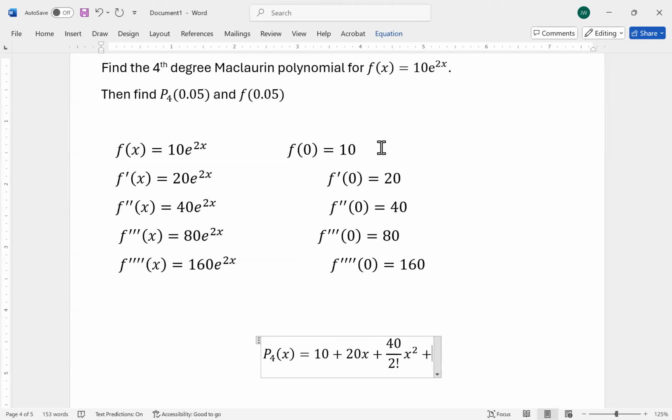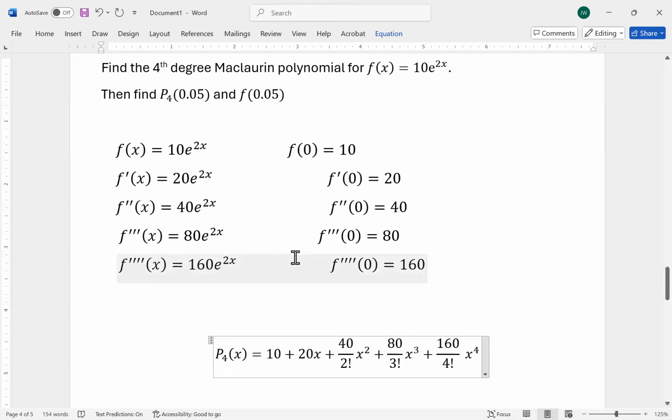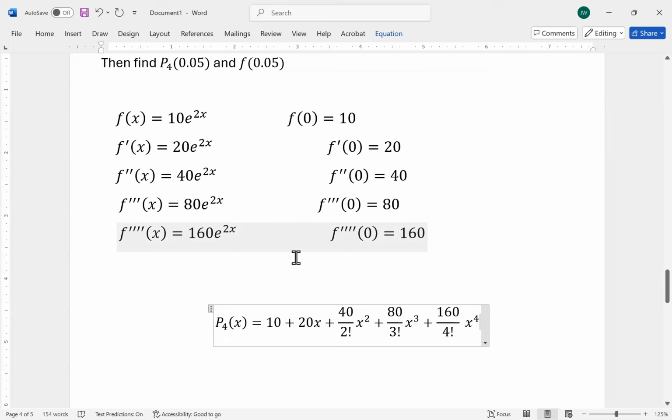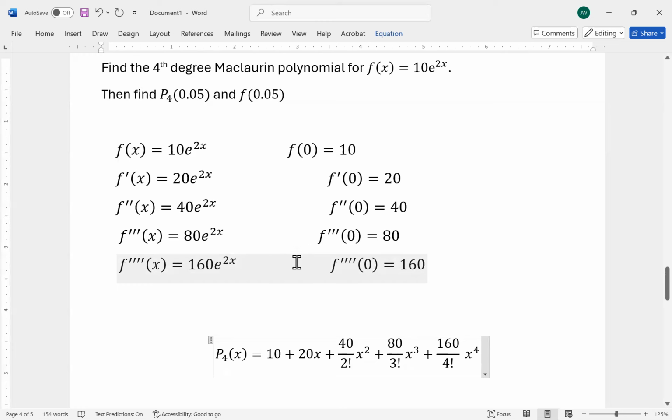Then third derivative would give me 80. Divide that by 3 factorial times x to the third. And then fourth derivative gave me 160. I divide that by 4 factorial and then times x to the fourth. That's my fourth degree Maclaurin polynomial. Or you could have also said the fourth degree Taylor polynomial centered at 0.